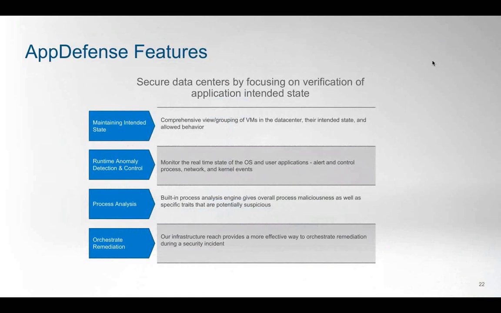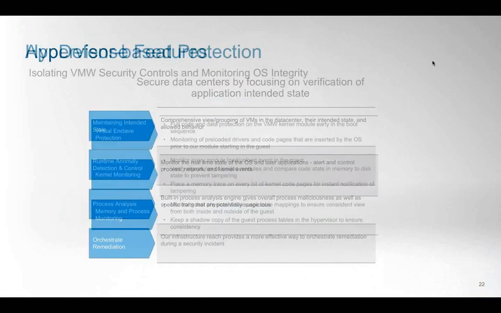And the key thing here is, once you have that intended state right, we can orchestrate and automate the remediation phase of security, where we can use ESX, NSX, and third-party ecosystem tools to remediate as part of the security response to a particular threat event.